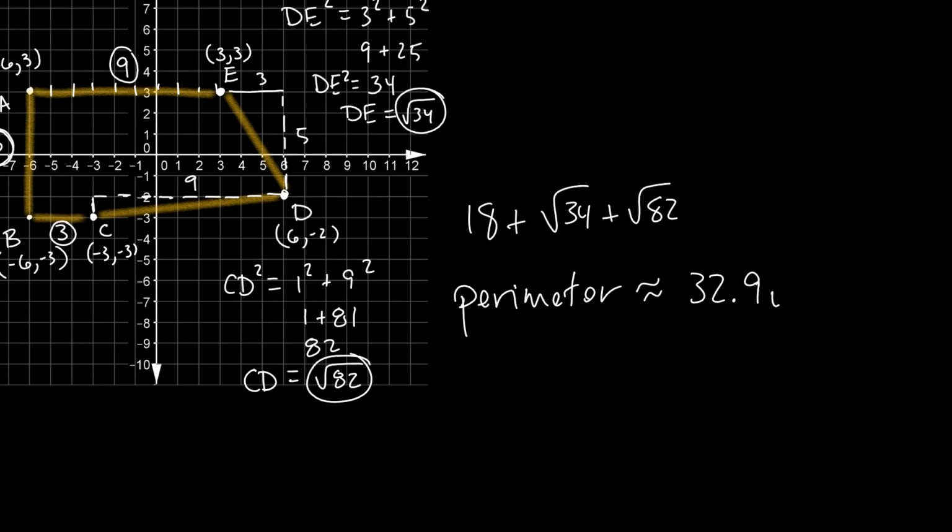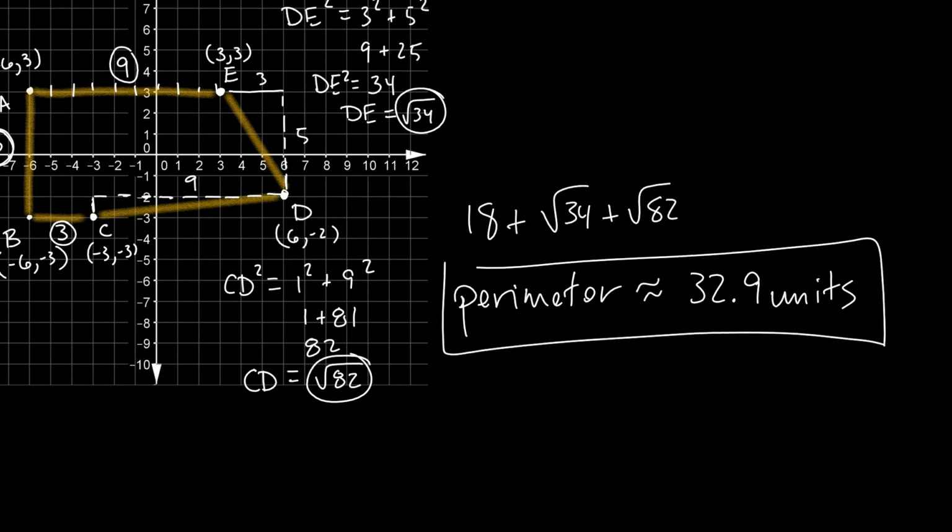They didn't, right? So I'll just say units. 32.9 units is the perimeter of that polygon.